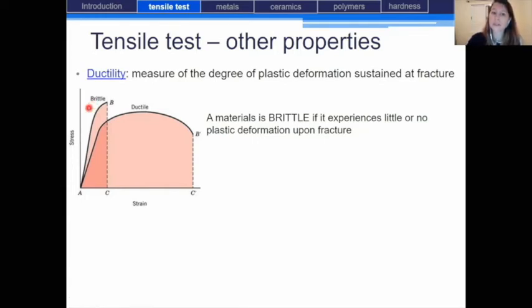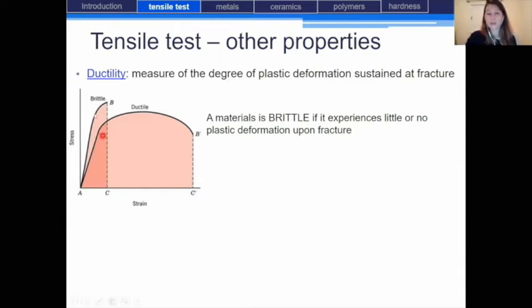It experiences little plastic deformation upon fracture. On the contrary, we have a ductile material. So a ductile material is a material that experiences a higher plastic deformation upon fracture. So you can see that in that case, the strain at fracture is high.